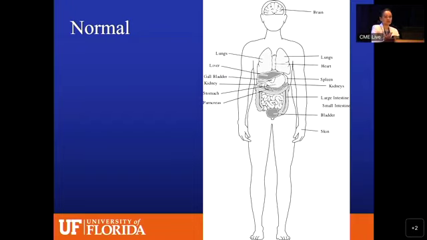Same thing with the heart. I've said this earlier, your right ventricle is not a mirror image of your left ventricle. Same thing, your liver is on the right, your spleen is on the left, your stomach is on the left, and even the rotation of your small bowel and large bowel has a normal asymmetry to it.